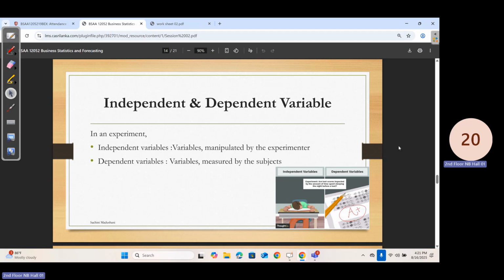Why? Sales revenue depends on the advertising expenditure. But the advertising expenditure is the independent variable. It's clear? Okay. Then these are the two types of variable when we need to find out the relationship between the variables. It's clear?